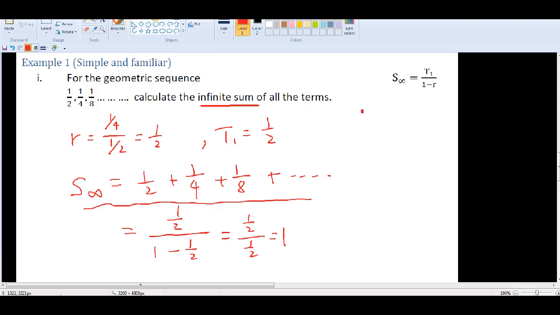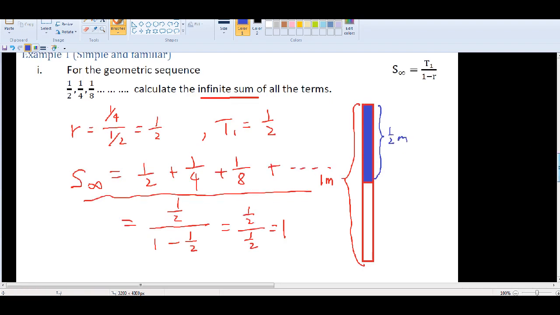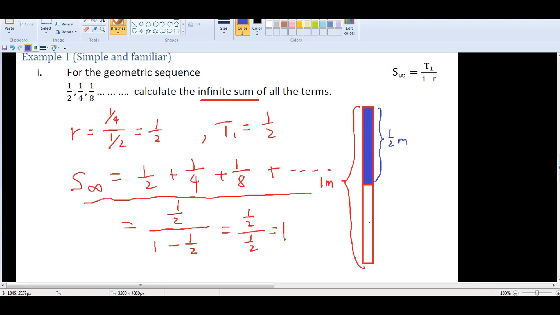Let's consider this. If I have a rod, the length of the rod is 1 meter. First, I'm going to cut it in half, 50% and 50%. That's the first cut, so I got half a meter. Then next I'm going to cut half of the remaining rod.